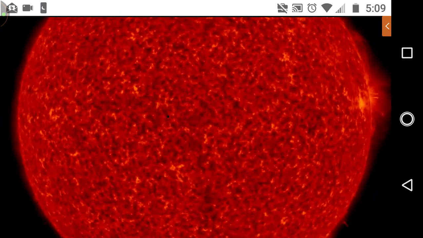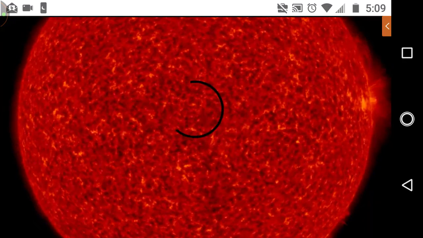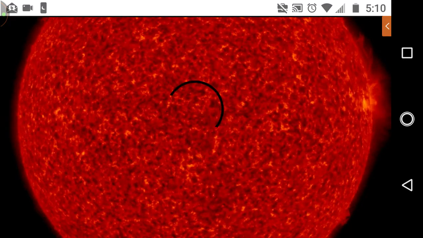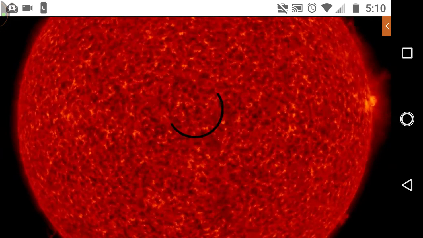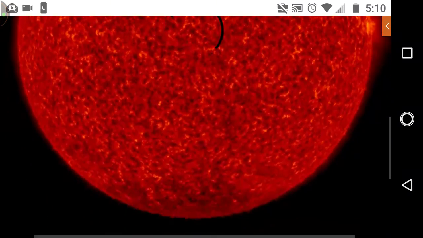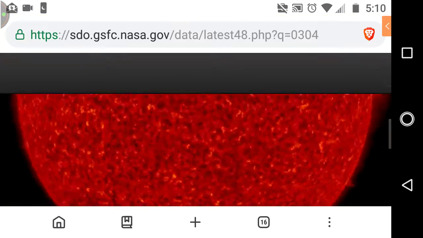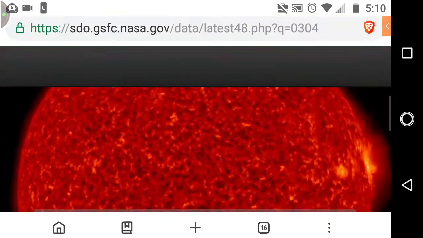Give that a moment to load. Not being particularly cooperative. All right, so there's that view.